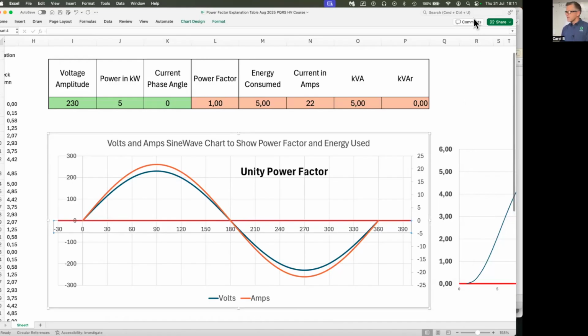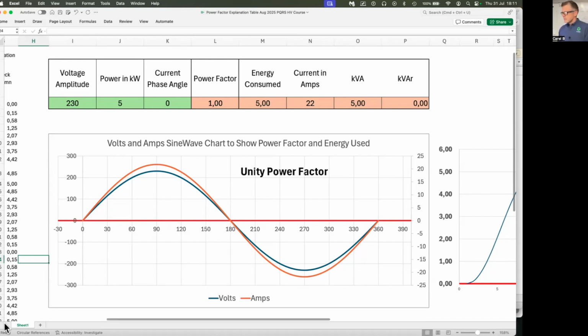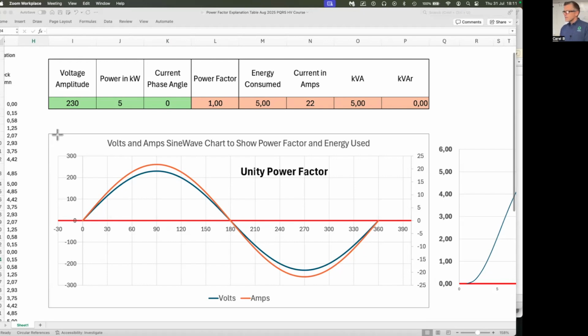Okay, so the red line is the zero line, and we've got this alternating waveform above and below the zero line. There are two axes over here. We've got an axis over here that gives us the voltage.